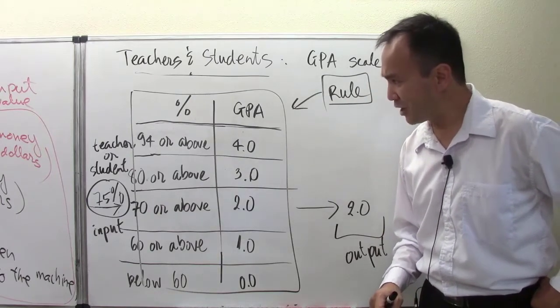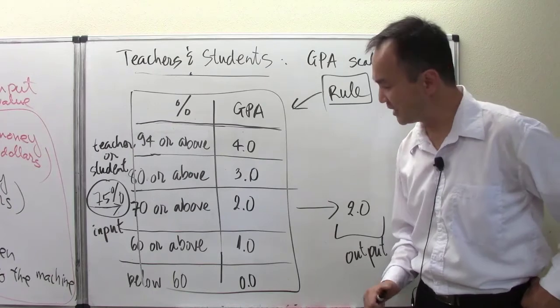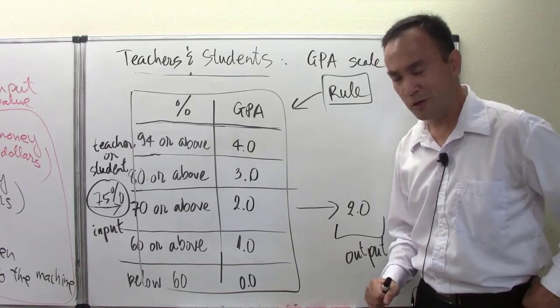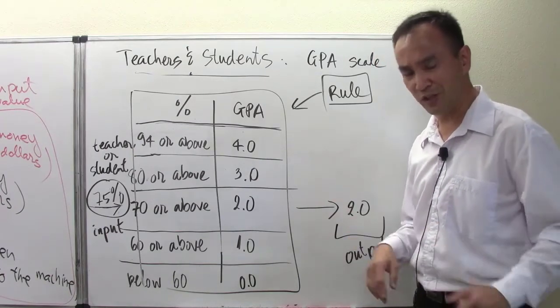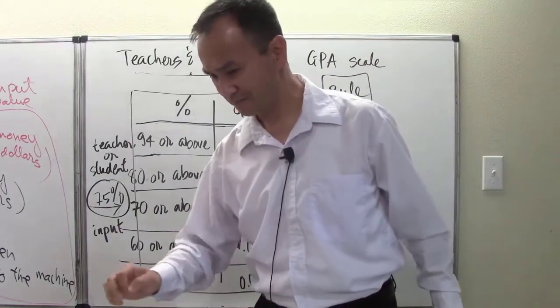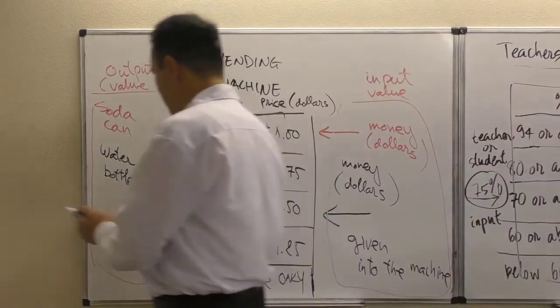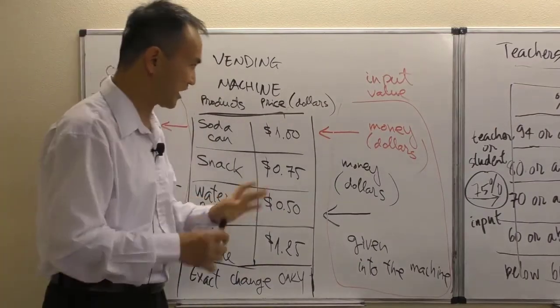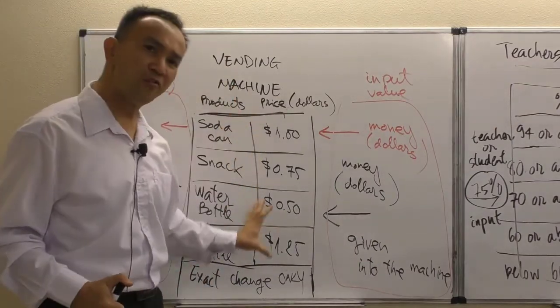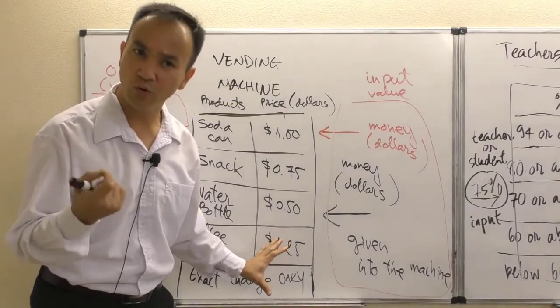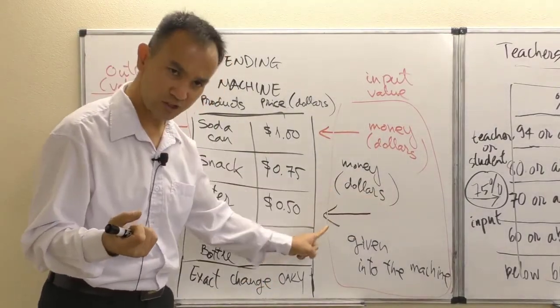All right, so two examples, two quick little problems. Before I move on to another one, let's have a look at this. On the other board with the vending machine, I really emphasized that earlier. The vending machine has a rule so that it can take the inputs you give.